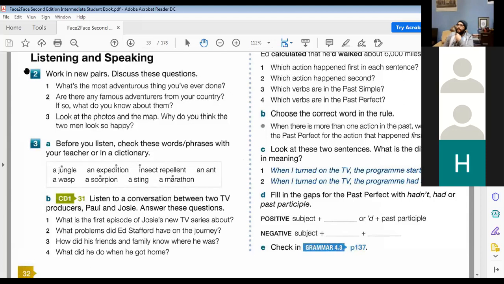Can you give us an example of the most adventurous thing you've done on your trip, Malak? Okay, I visited Hagia Sophia and Bursa. Maybe I rode on a telepheric cab. I don't know what it is. Cable car.